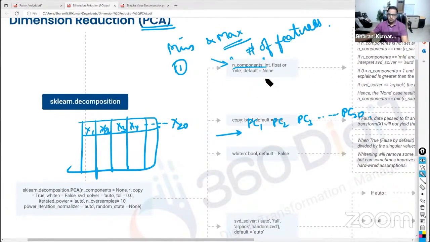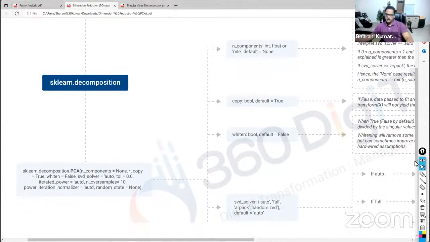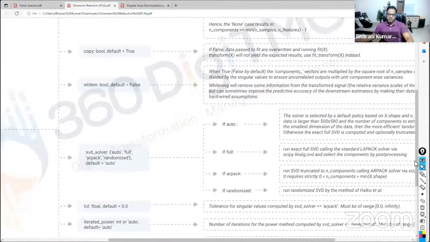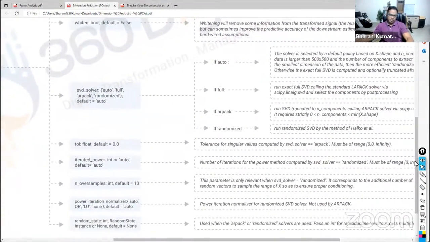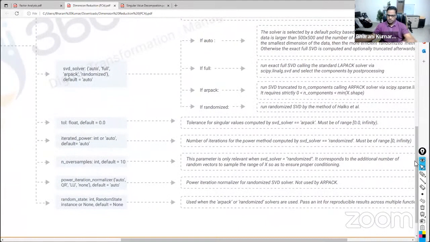Okay, so this is the reason why we need to understand the hyperparameters. This is one thing with respect to PCA, but I'm sure we'll delve deeper into the other dimension reduction techniques, and we'll understand more on that front as well.